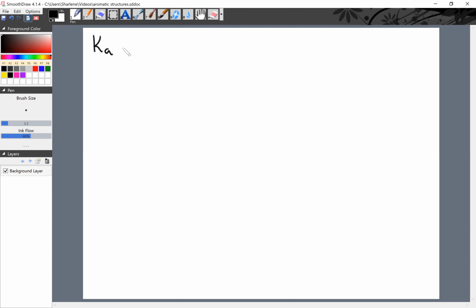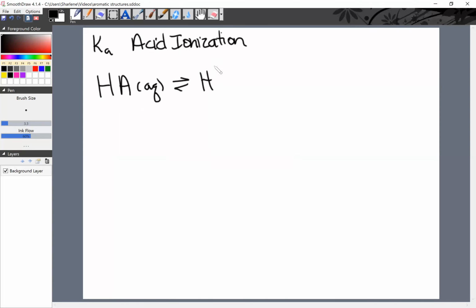Ka means it is an acid ionization. Which means you start with an acid, a weak acid, and I'm just going to use generic A for that. And if you'll notice, I'm leaving the phase labels off. Again, you should always put them, but it's not really the point of what we're doing. And so I do tend to leave them off, but it's never wrong to include them.